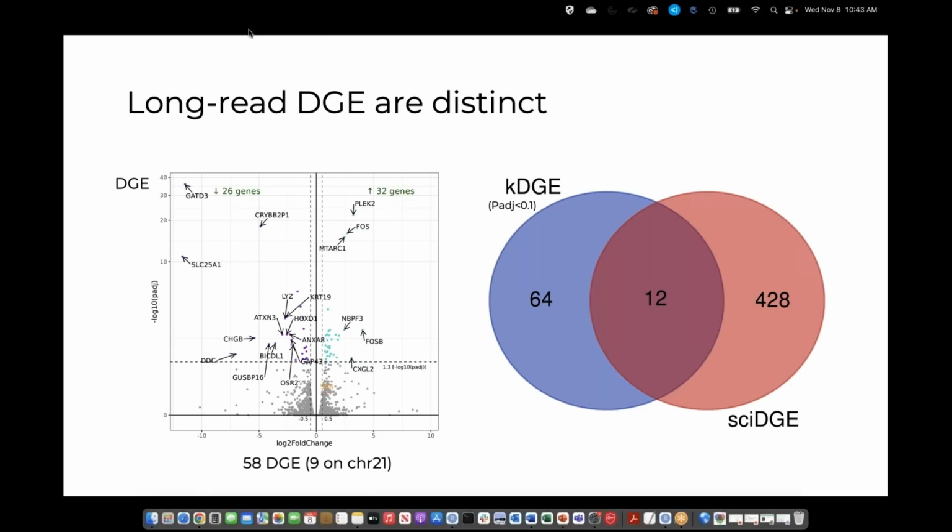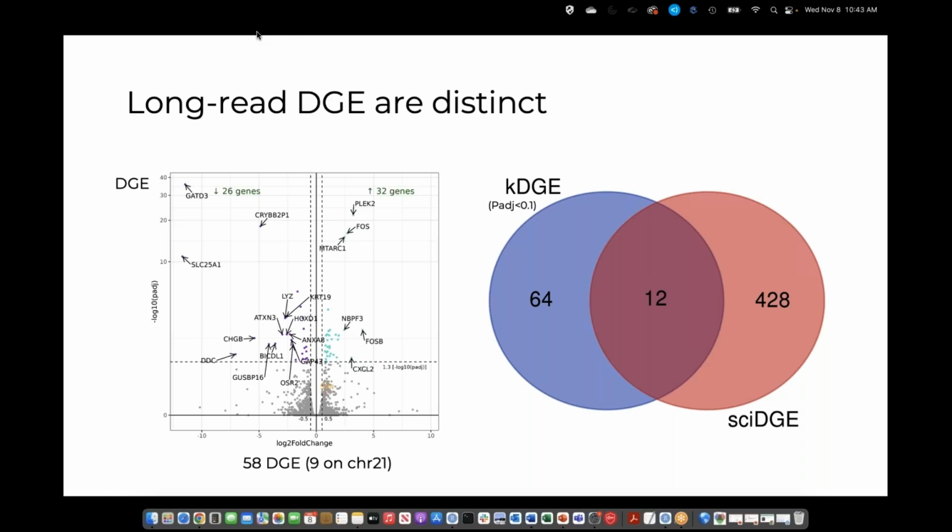And so because we only considered 2 cases and 2 controls, we are not well powered for a lot of investigation, but we have some really exciting preliminary data. And because there were so many different genes, 440 in total, that we identified as dysregulated within our single-cell RNA, we looked a little bit less conservatively with the long-read expression data, and were able to identify 12 genes that were dysregulated in both cases.